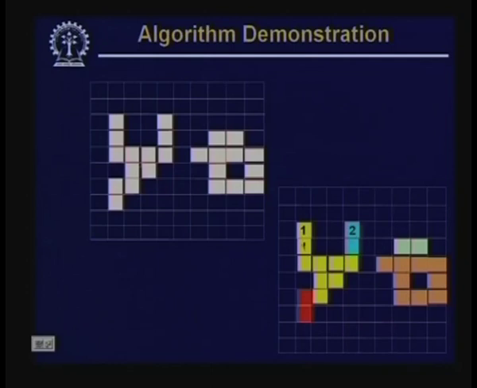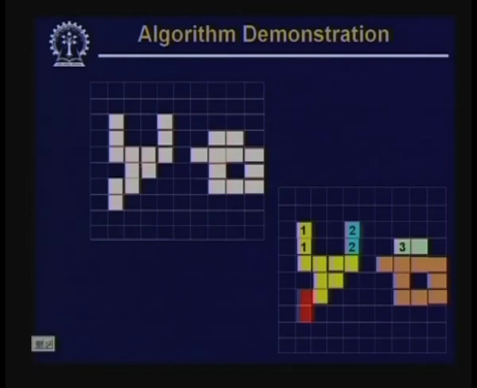I continue further, I come to the third point, and the point above it was already having level 1. So, I assign the same level 1 to this point. Continue further, the next point gets level 2, because the point above it had a level equal to 2.